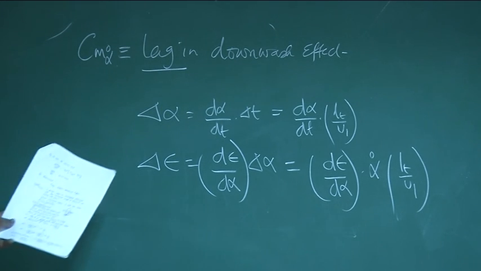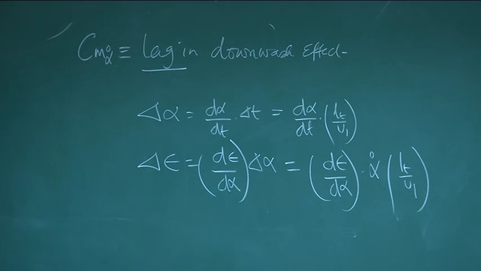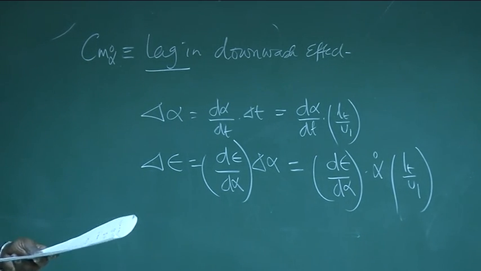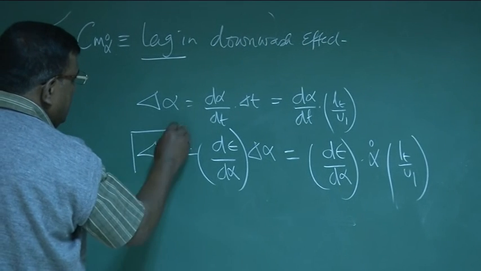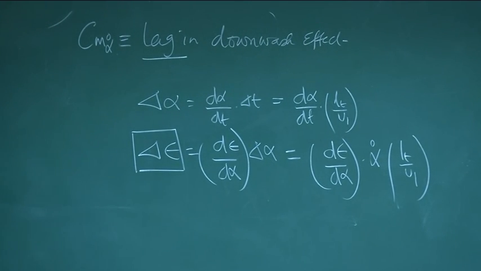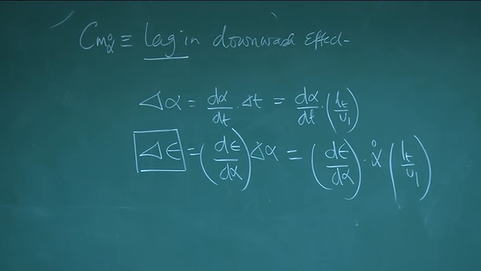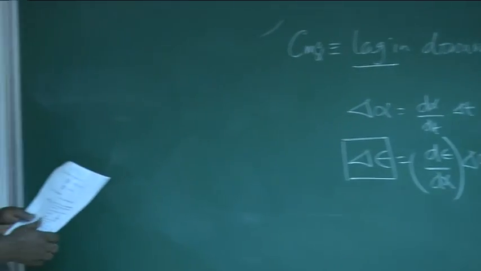So this delta epsilon, the angle of attack at the tail is more by this epsilon because it has not happened at time t. This delta epsilon is the angle which will be realized by the tail only after a time Lt by u1. That means at time t, this is the extra angle it has got.